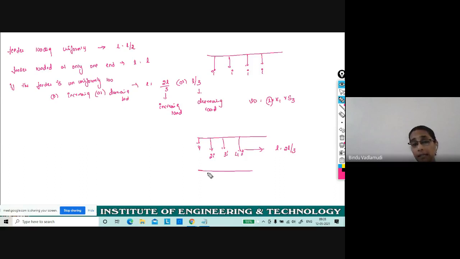If it is decreasing, 4I, 3I, 2I and so on, then L is equal to L by 3. Did all of you understand? You have to remember these things.